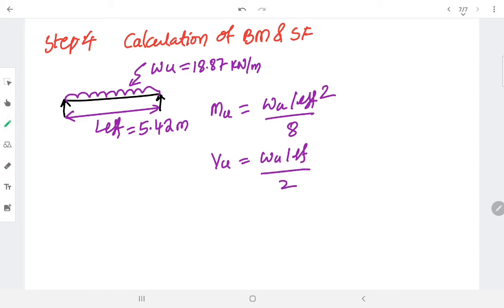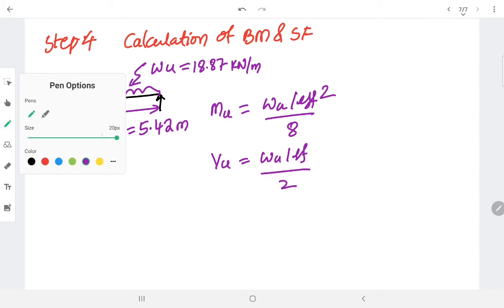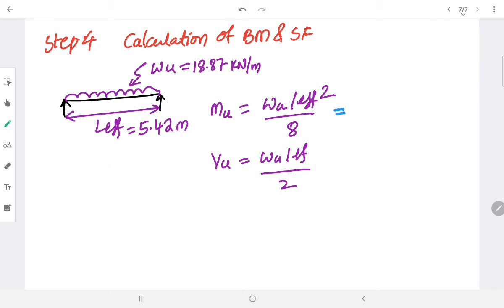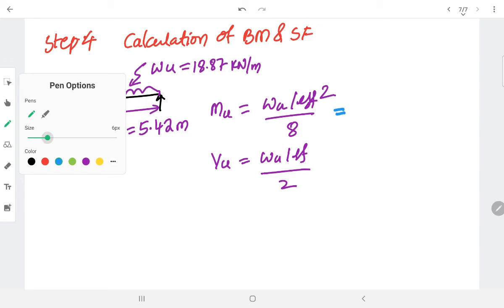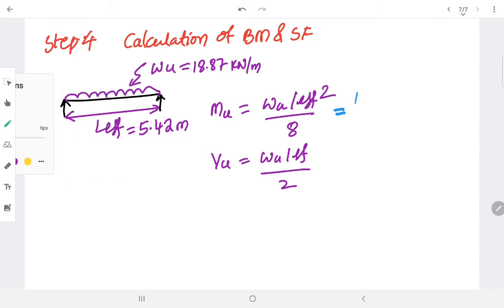Okay, I am writing in a different way. So WU is nothing but 18.87 into L effective 5.42 square divided by 8.